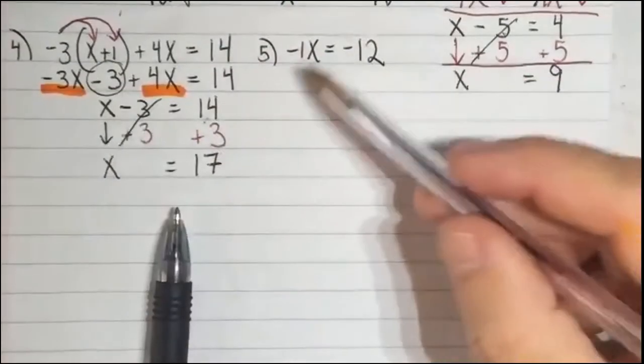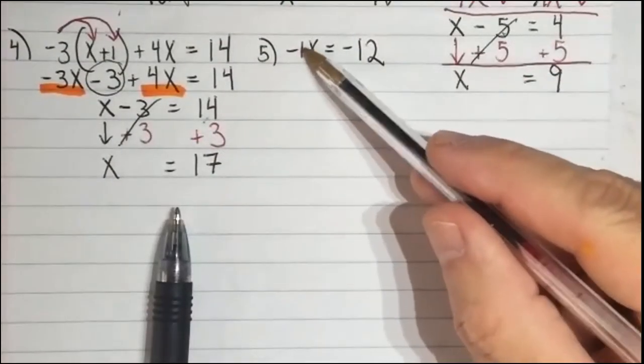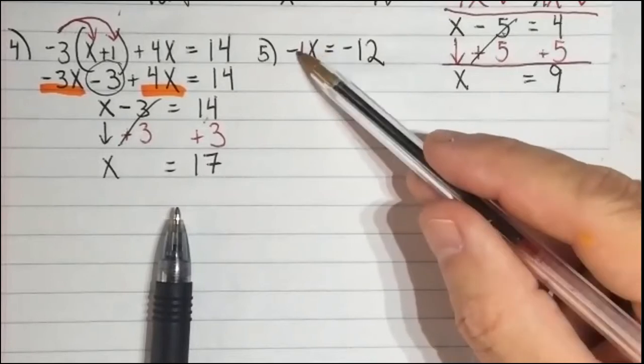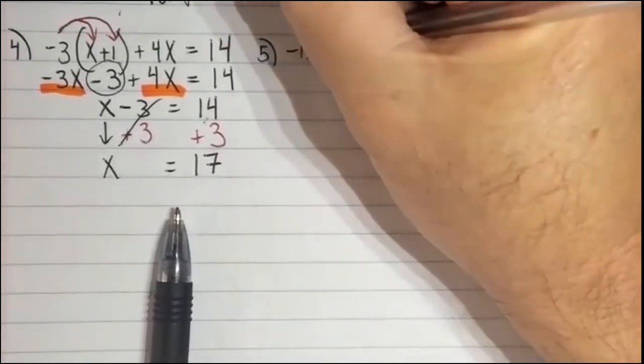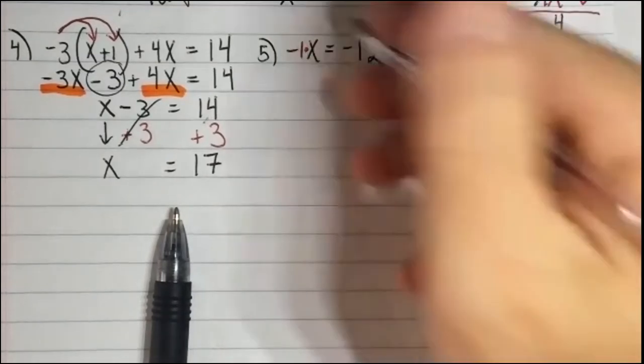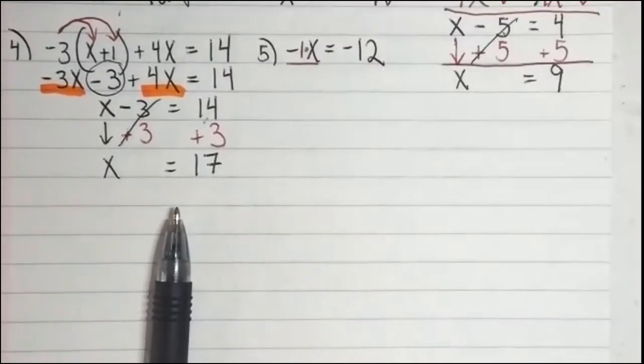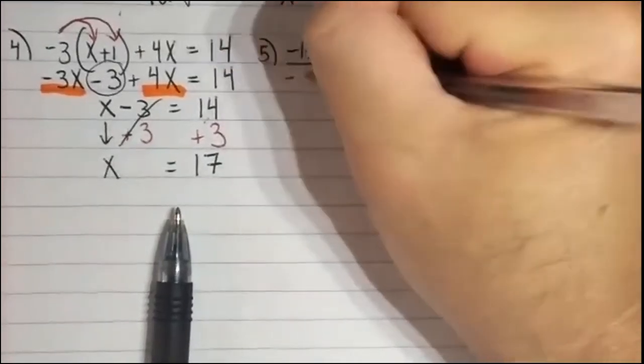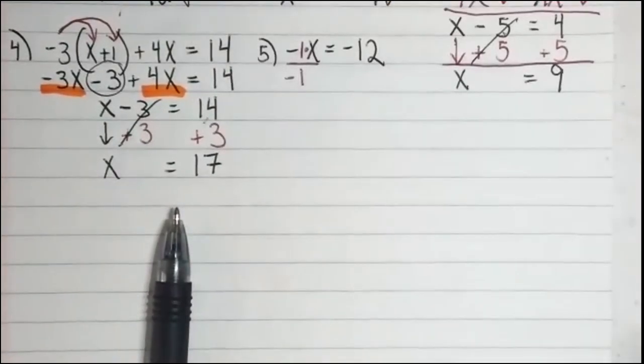And remember, what's happening if I don't see a plus or a minus in between this? What do I know is going on here? Well, it's being multiplied. Anytime you don't see it, you know that that's multiplication. And so the opposite of multiplication is to divide that by -1.